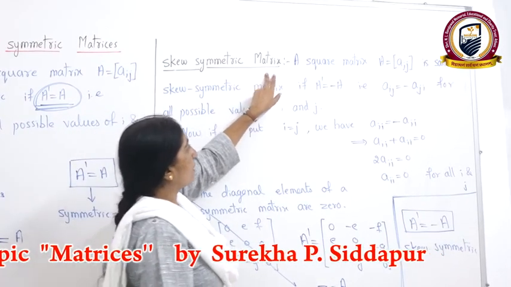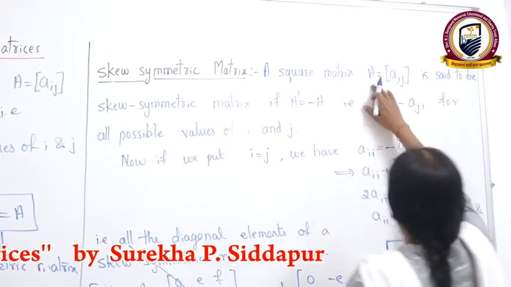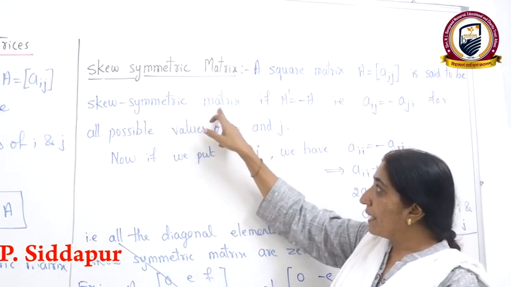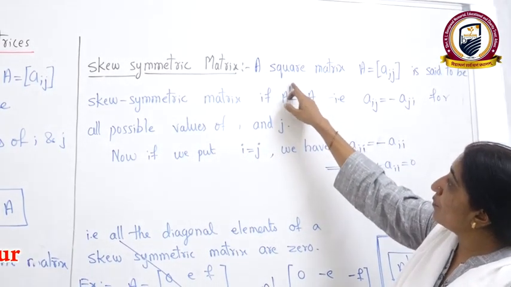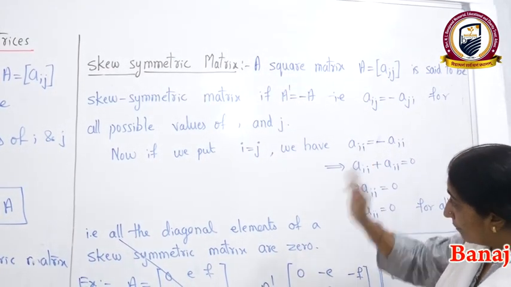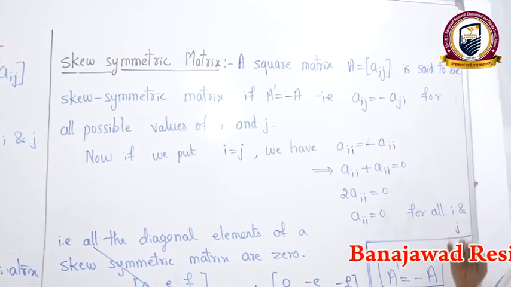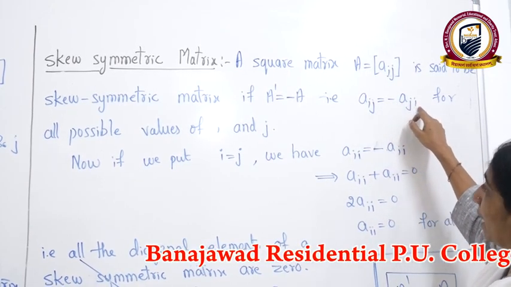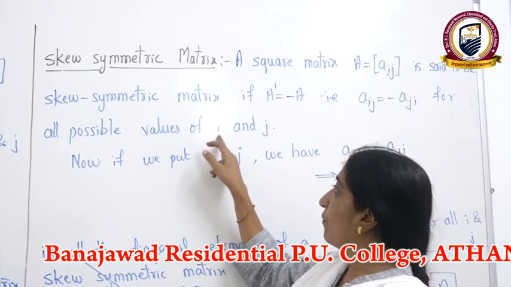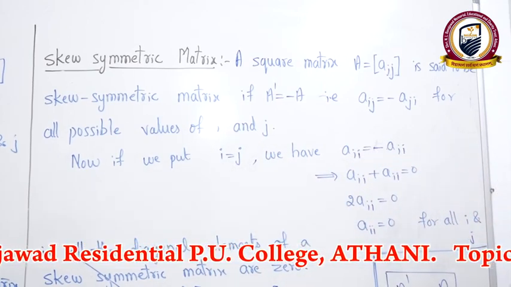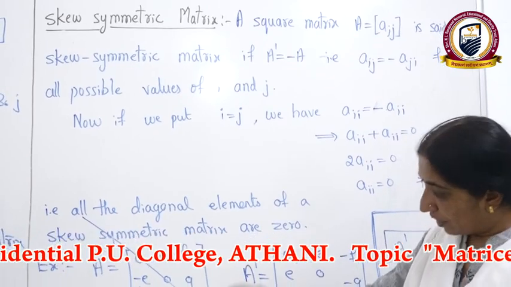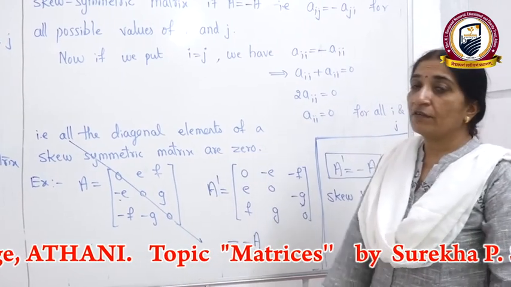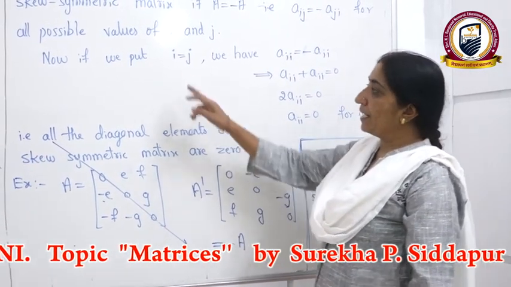Skew symmetric matrix. A square matrix A = [aij] is said to be a skew symmetric matrix if A transpose is equal to minus A. That means you have the same elements with opposite sign. That is aij is equal to minus aji for all possible values of i and j. And see about the diagonal. In the diagonal, i and j are equal: a11, a22, a33.